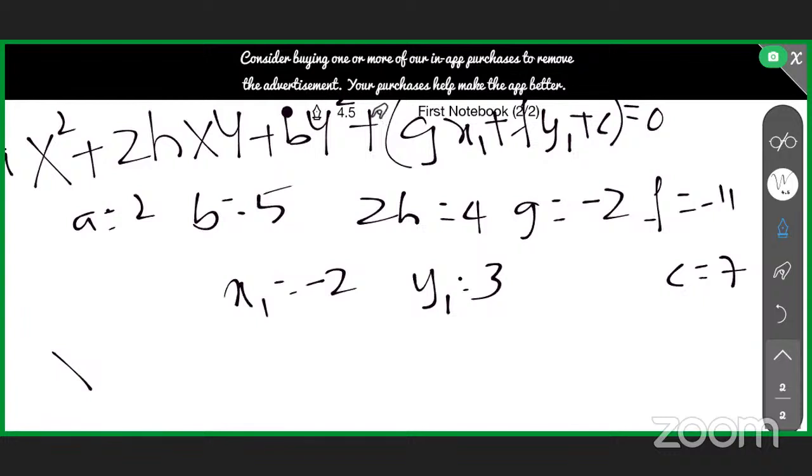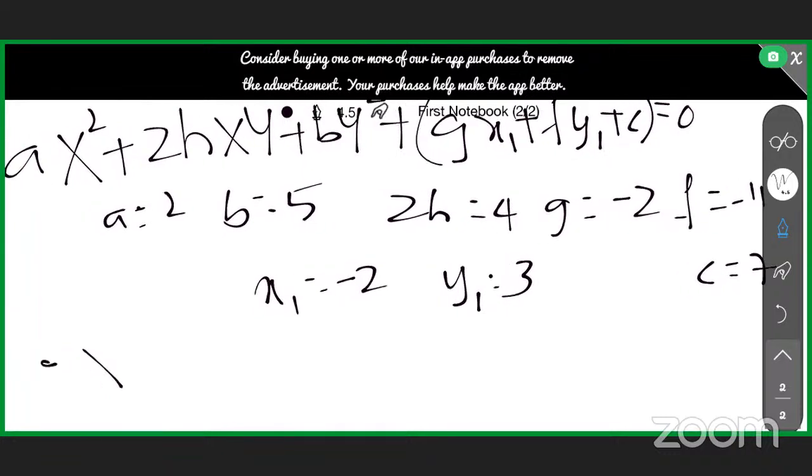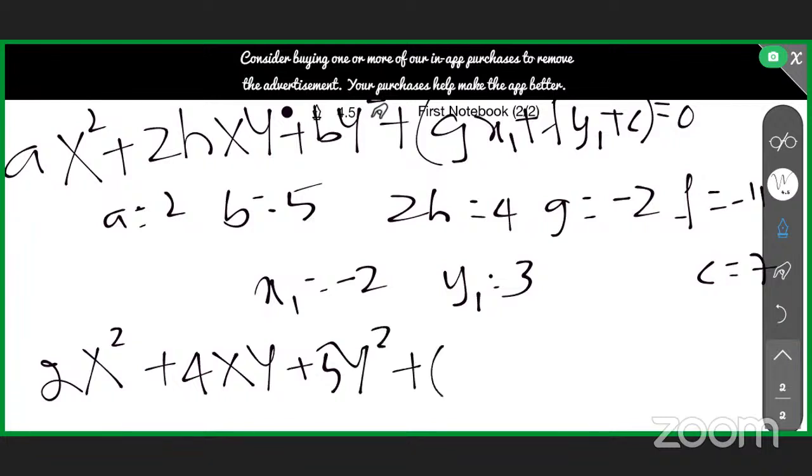That is ax square, that is a means 2 capital X square plus 2h, value of 2h is 4 capital XY plus b value is 5 capital Y square plus g value is how much? Minus 2 into x1, minus 2 into minus 2, 4 plus f value is how much? Minus 11, that is minus 33 plus 7 is equal to 0.